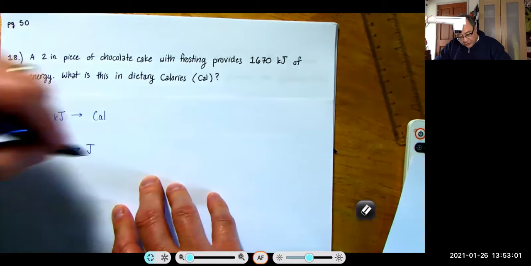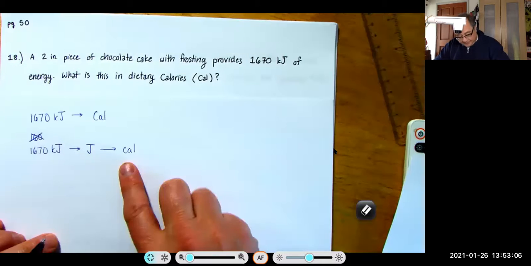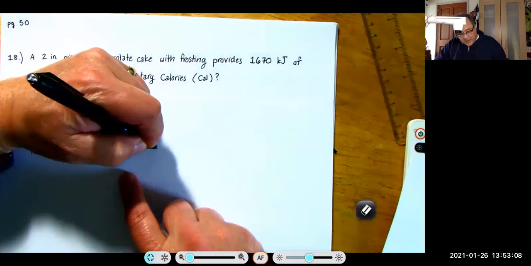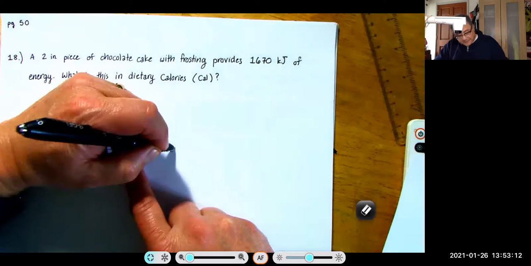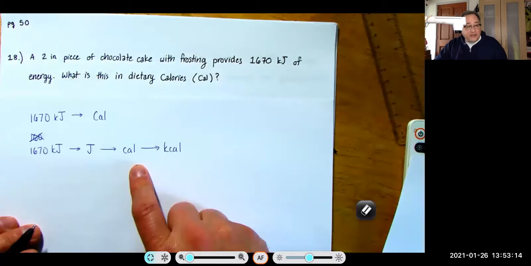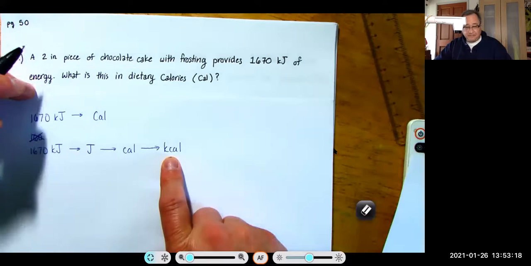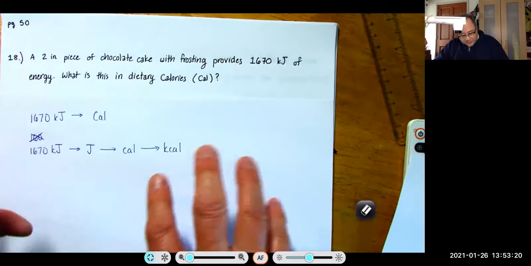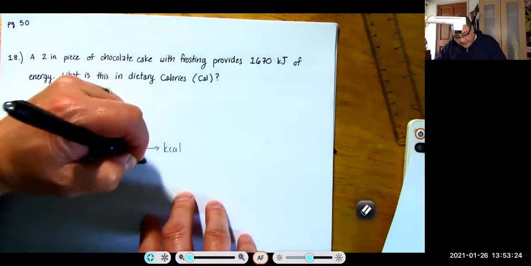We can take the joules and turn that into lowercase calories, and then turn that into kilocalories. And the reason we want kilocalories is because calories and kilocalories mean the same thing. So this is the way we could do it. We just need the relationship between these 3 arrows.